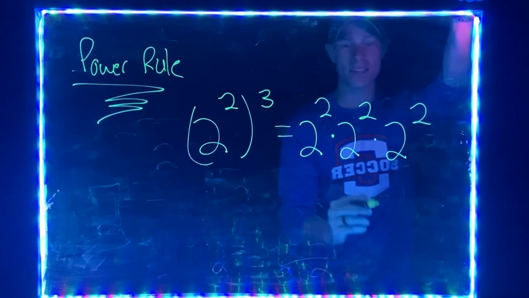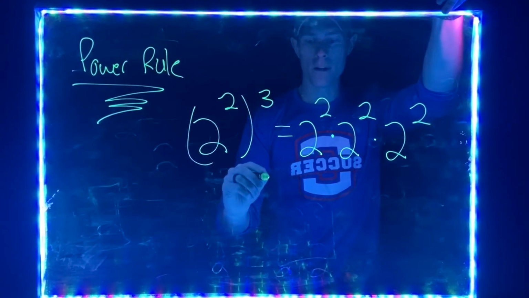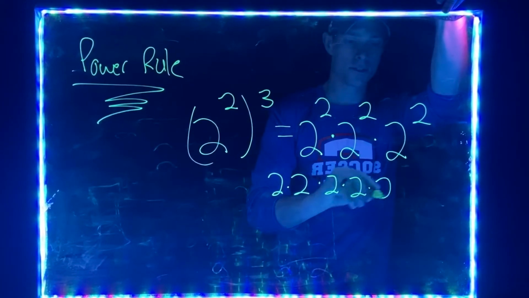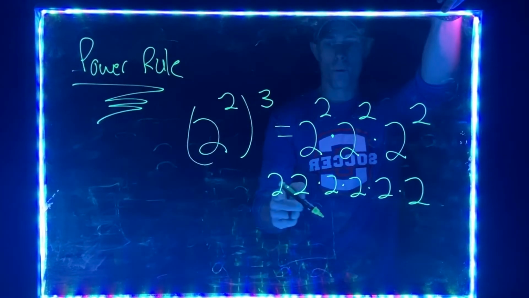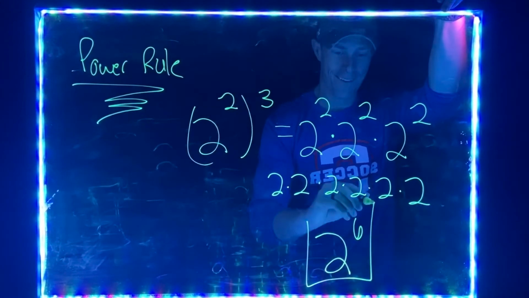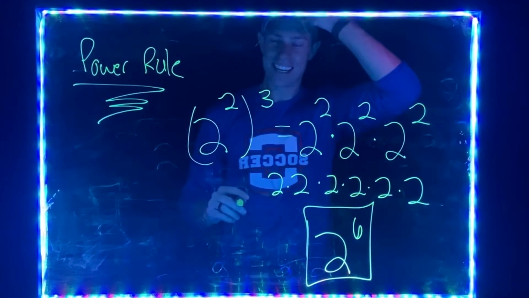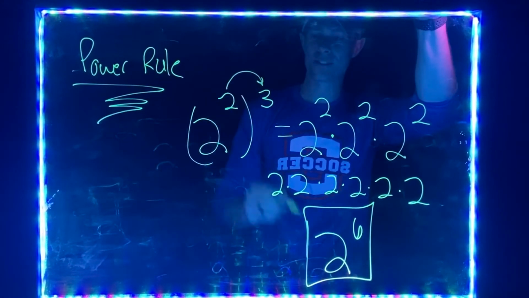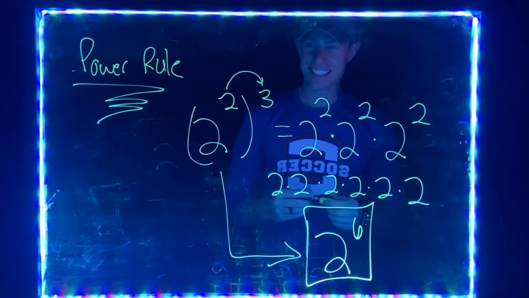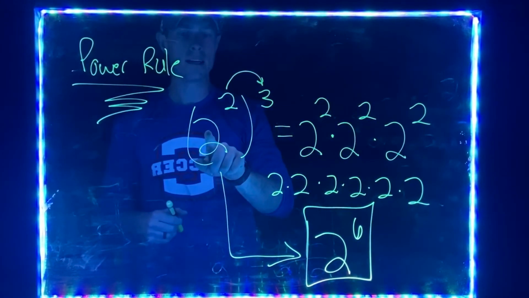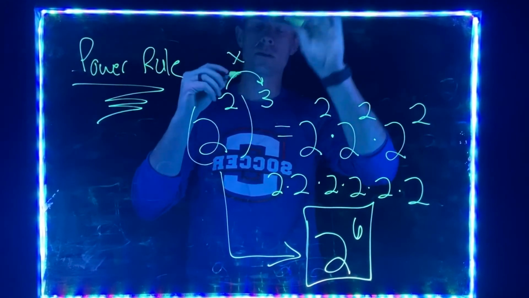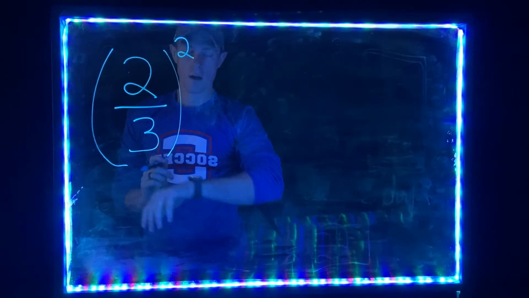I can use the product rule, and I could write them all out. 2 times 2 times 2 times 2 times 2 times 2. 1, 2, 3, 4, 5, I have 6 of them. 2 to the 6th power. Wait, couldn't I have just multiplied 2 times 3 and gotten 2 to the 6th power? That's crazy. Power rule: keep the base, multiply the exponents. That's the power rule for you.